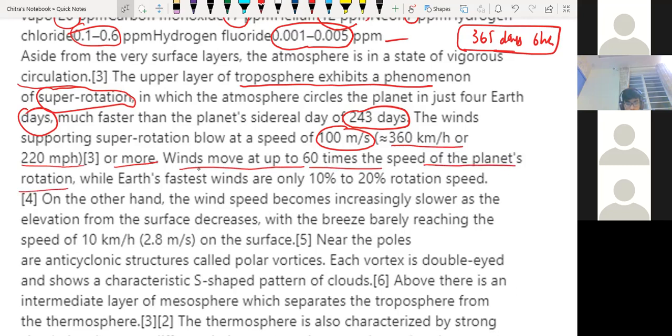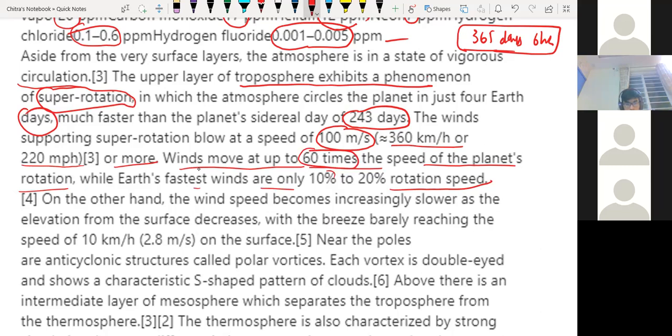So the wind speed is very high compared to the rotation of Venus, about 60 times higher, while Earth's fastest winds are only 10 to 20% of the rotation speed of Earth. But on Venus it is about 60 times higher than the speed of rotation of the planet.